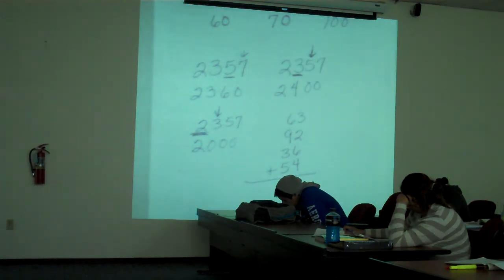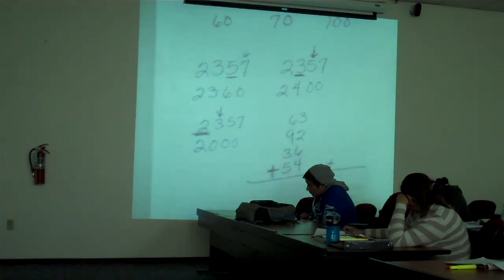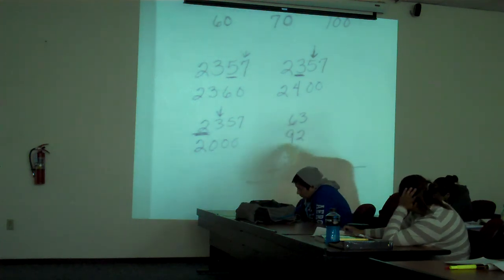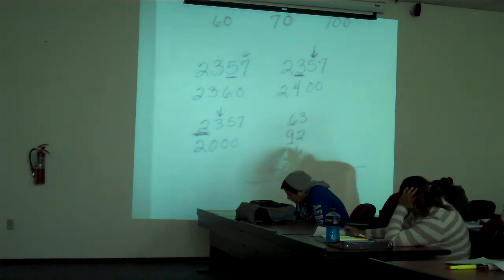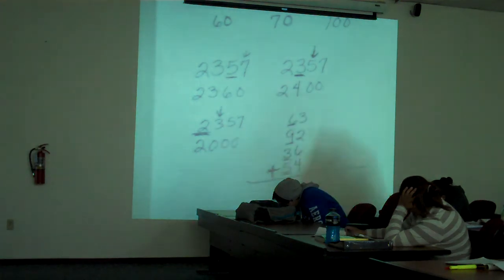Estimating, you're still going to be adding. So leave the add. By rounding to the 10, let's underline the tens place, and we'll just put 1 arrow because we know it's going to be that row.